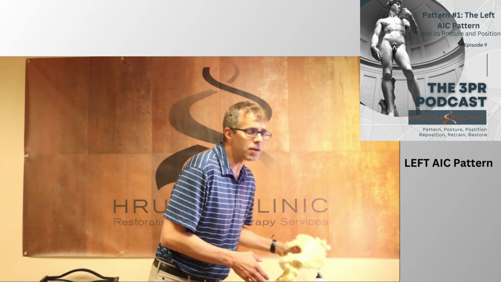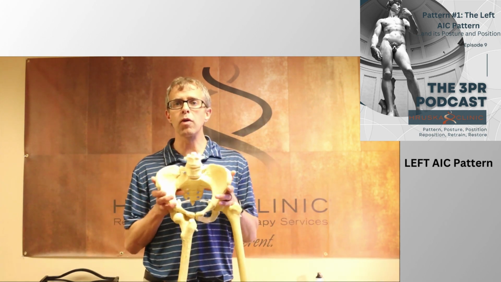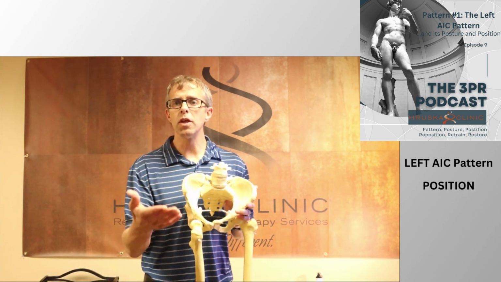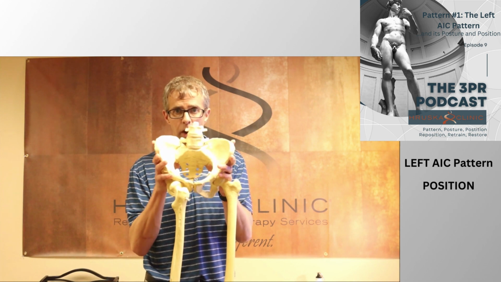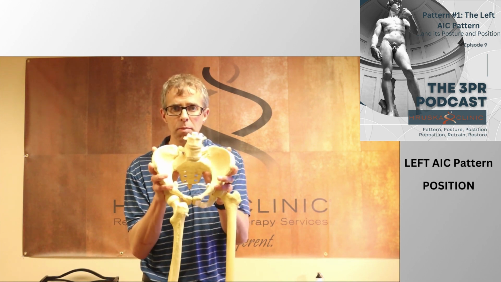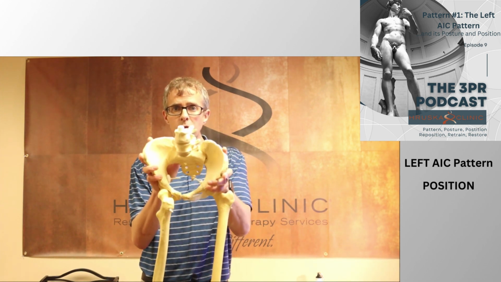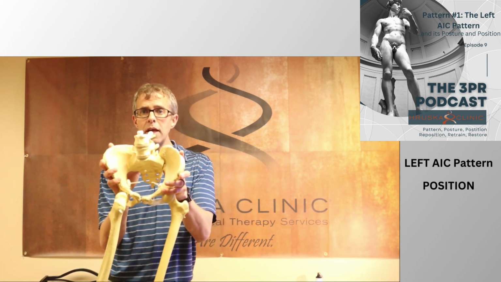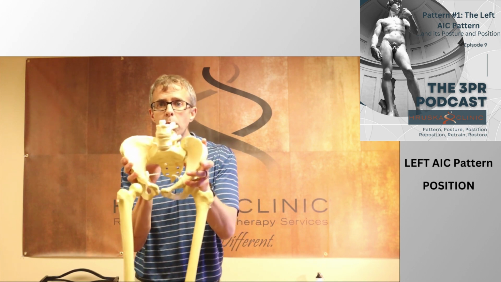But the left AIC pattern can be described in lots of ways. If we're talking about the position your pelvis gets into, a lot of people would describe a left AIC pattern as a left pelvis that wants to go forward or a right pelvis that wants to go back, which takes your spine and orients it over to the right.